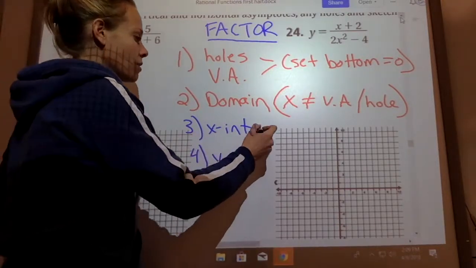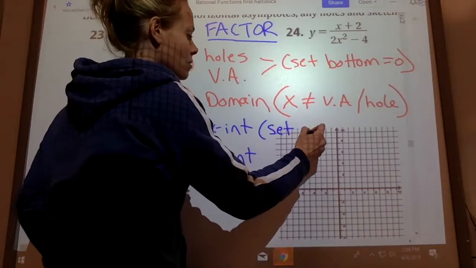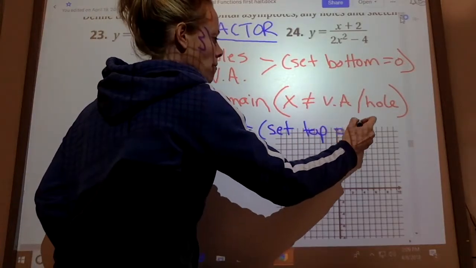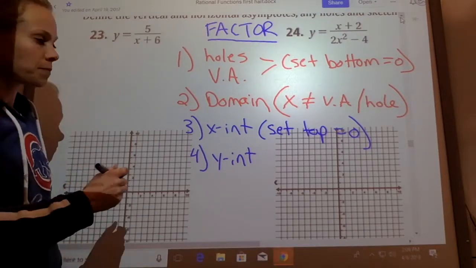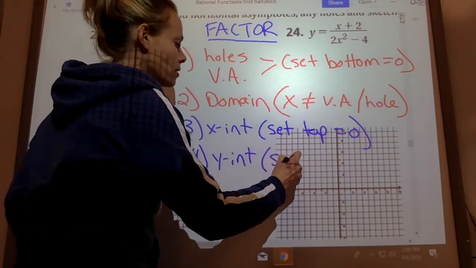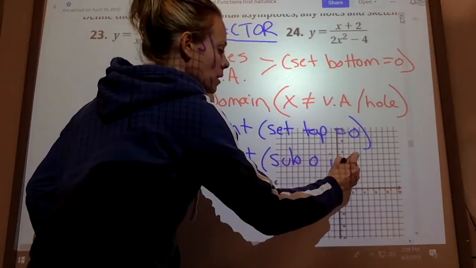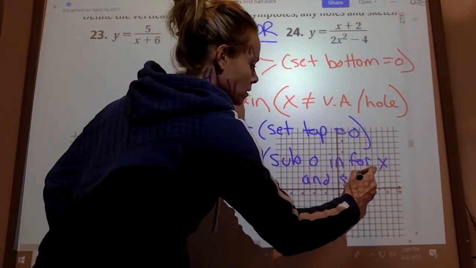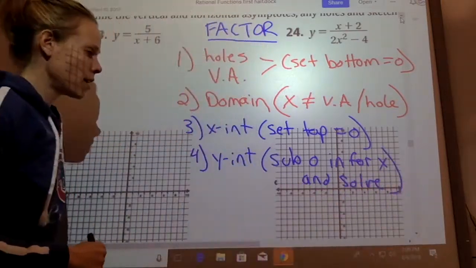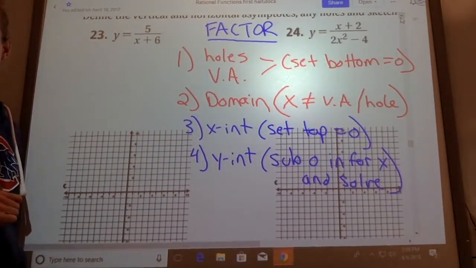So to find x-intercepts, you set the top equal to 0. How about y-intercepts? How do you find y-intercepts? You're going to sub 0 in for x and solve, because a y-intercept is when x is 0.